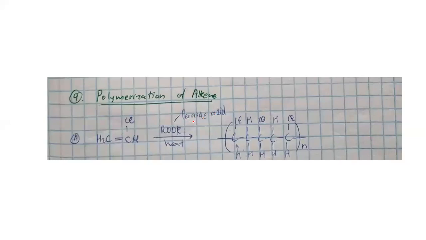So here we're going to use the peroxide acid. This is carboxylic acid. We're going to have to use peroxide acid and heat to break this double bond so that we can form a monomer that looks like this. See, this. And then here we're going to have Cl, H. This is a monomer, okay?